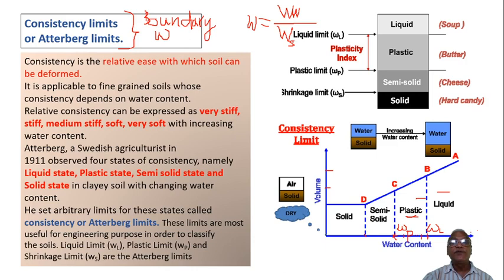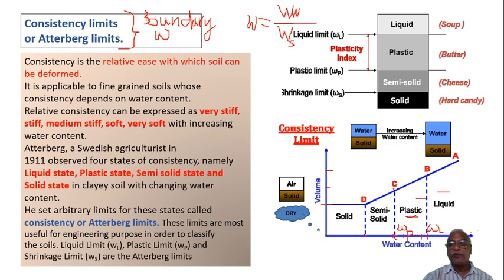Now weight of solids we are maintaining the same. You can just see these brown particles of soil. Weight of water can be reduced completely to 0. So when weight of water reduces to 0, water content becomes 0. This is the point. But though the water content is 0, there will be some minimum volume for the soil, and that is represented by this horizontal line.